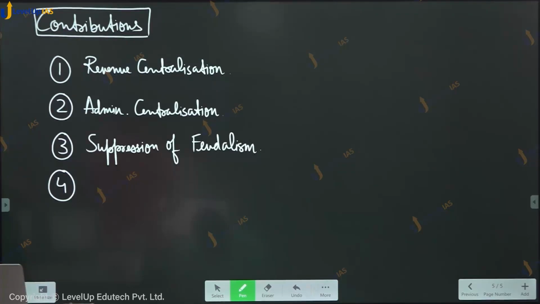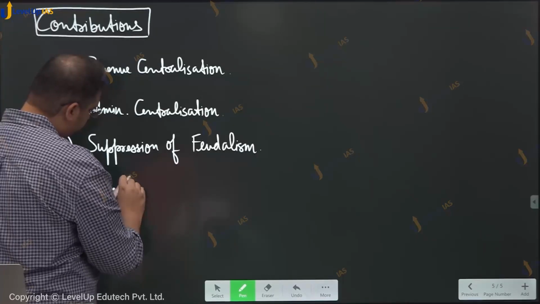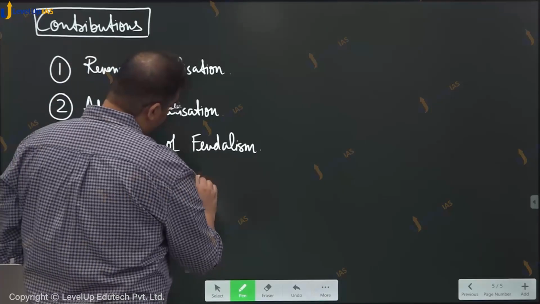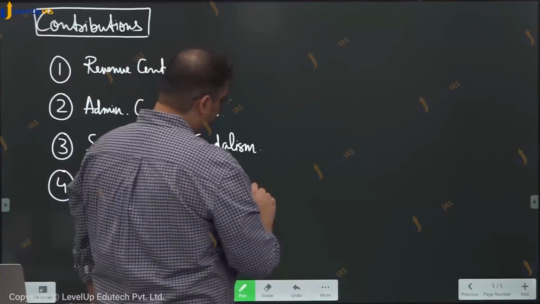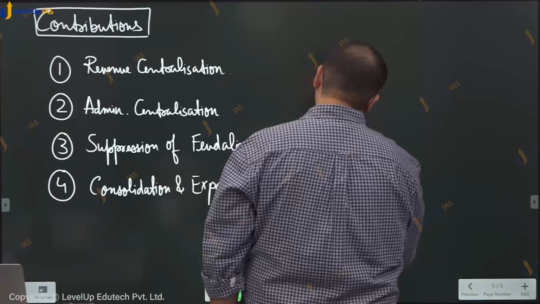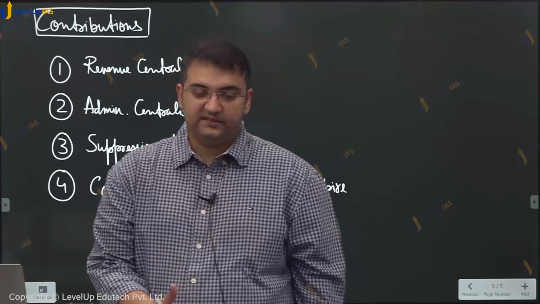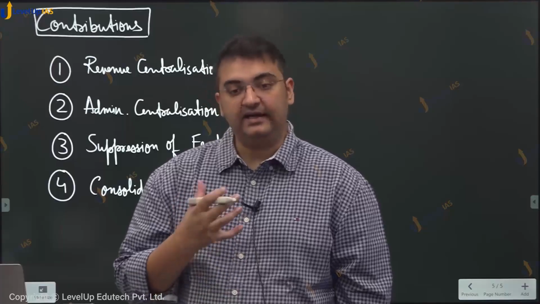Fourthly, the Iqta system also proved very effective for the tasks of consolidating and expanding the empire. Why? Because the Iqta system, apart from being an administrative and revenue institution, was also a military institution.